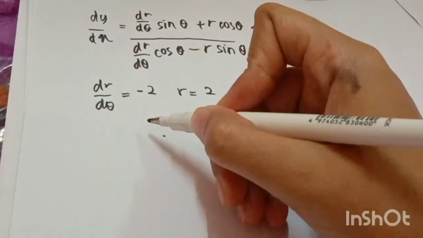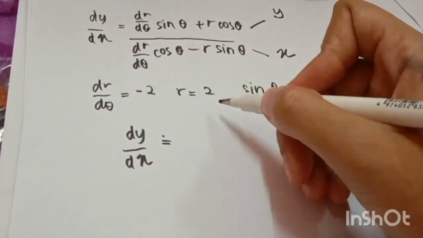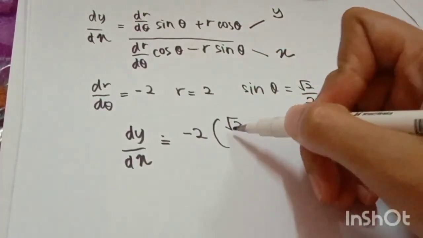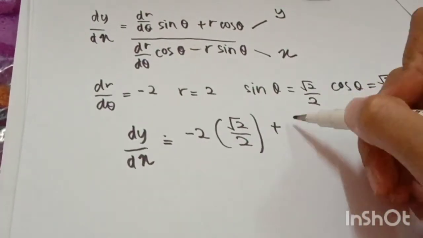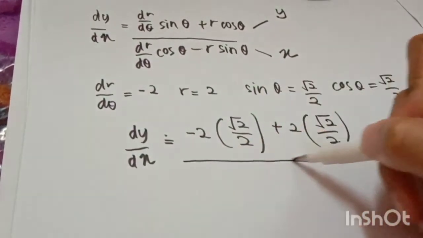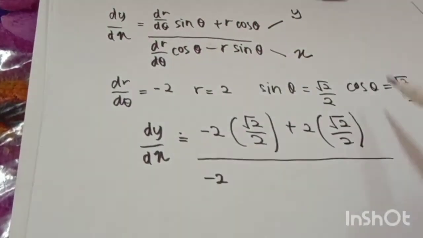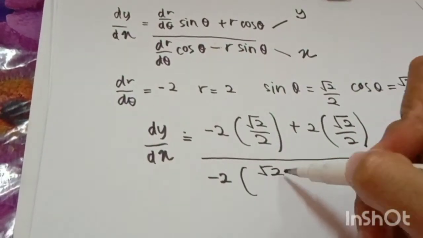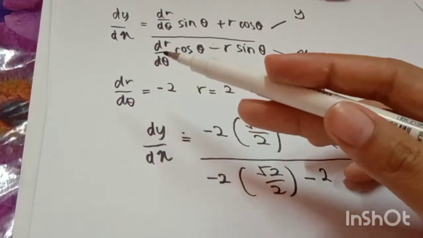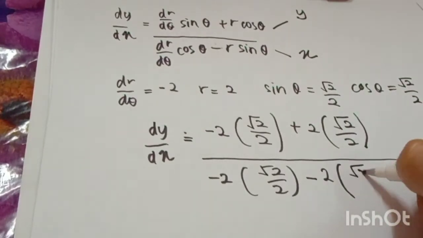Let's do it. First we put dy over dx equal to dr over d theta, which is negative 2, and sine theta is square root 2 over 2, plus r is 2 and cos theta is square root 2 over 2, divided by dr over d theta, negative 2, times cos theta, which is square root 2 over 2, minus r, which is 2, times sine theta, which is square root 2 over 2.